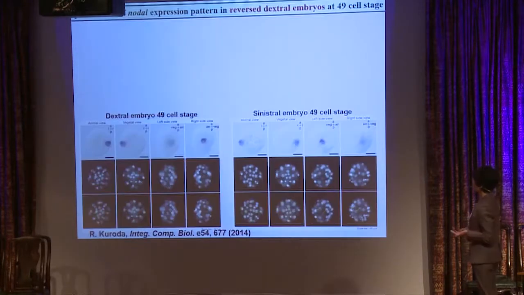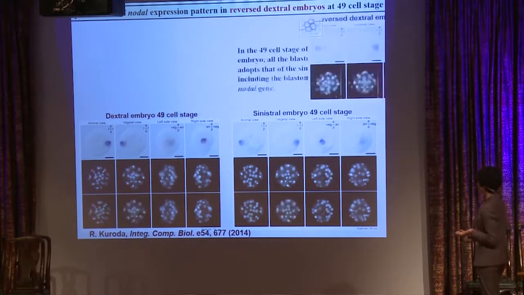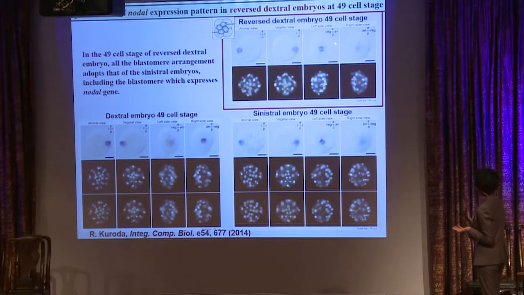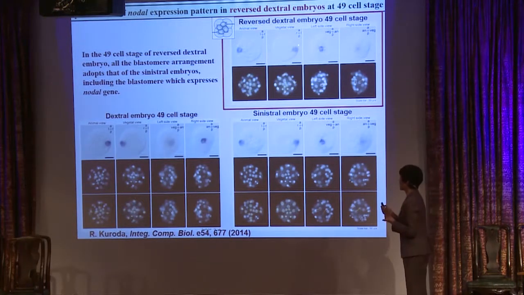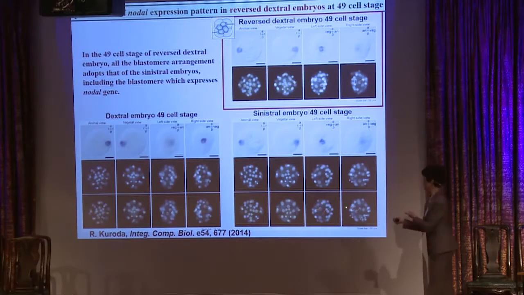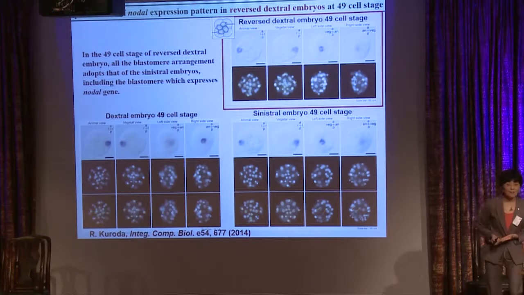So what happens if we invert it mechanically? So that is what it is. This is a 49 cell stage, this is a reversed dextro embryo. So it should be a dextro one, but the expression place is exactly similar to the sinistro one.